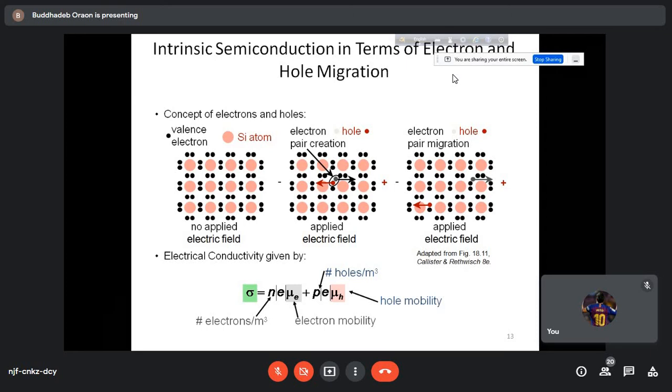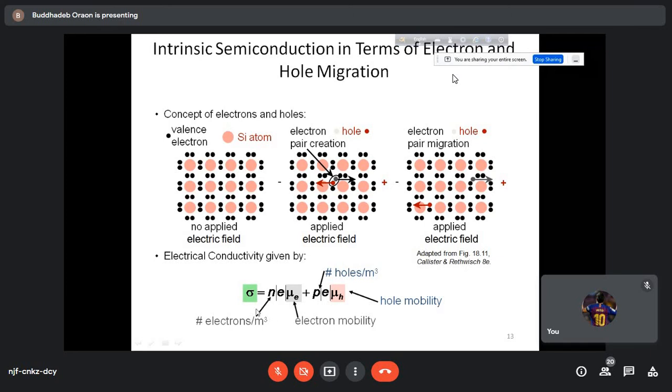So here, the conductivity calculation can be used in order to calculate the conductivity of an intrinsic semiconductor, a pure semiconductor. We can use this equation. Here the point is that the electron mobility and hole mobility are just different. Otherwise, the number of charges, both holes and electrons, are same.